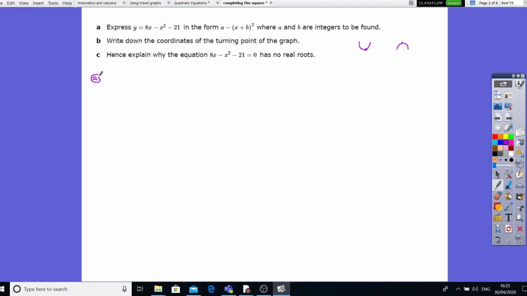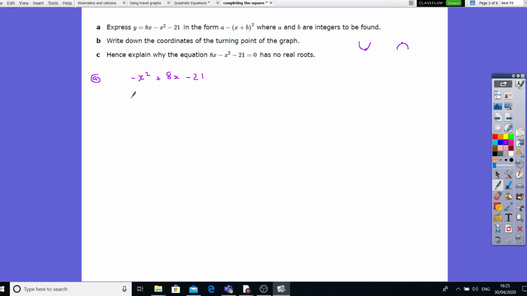Now, part A. What I'm going to do is rewrite this as minus x squared plus 8x, because 8x is positive, and you've got minus 21 at the end. What I did in the previous question told you that the coefficient of x squared has to be 1 in order to complete the square. In this case, it's minus 1.